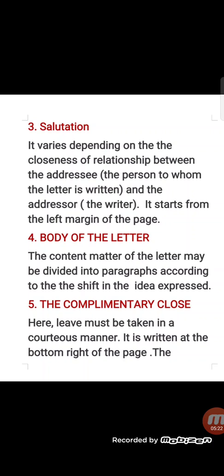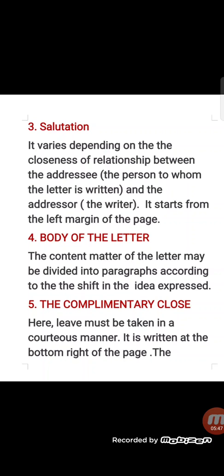And the fifth one, the complementary clause. What is this complementary clause? Here leave must be taken in a courteous manner. Leave means you are closing, ending the letter. So how must it be? Courteous, which means in a good manner. It should be very nicely written.